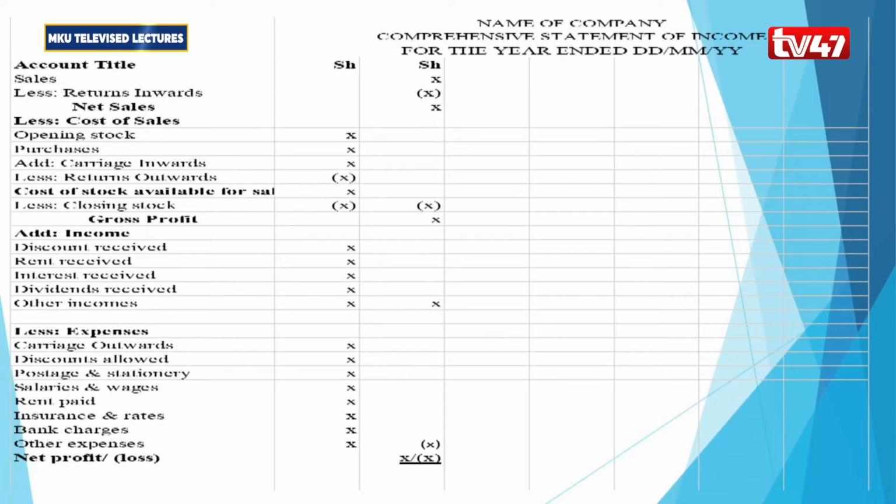So the impact of return inwards is it will minimize the sales, and of course, the customer, assuming that he or she had acquired this particular stock on credit terms, then that means they are debtors.